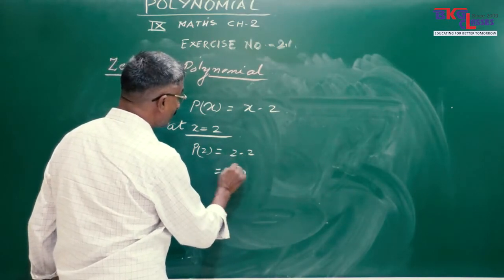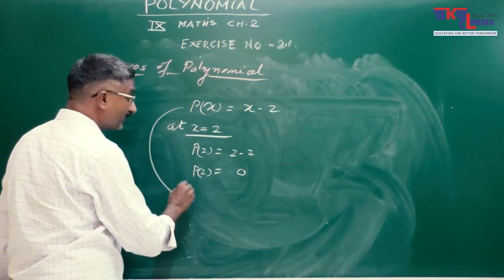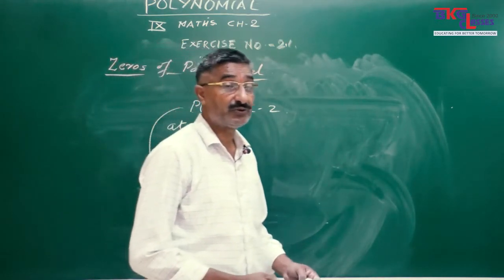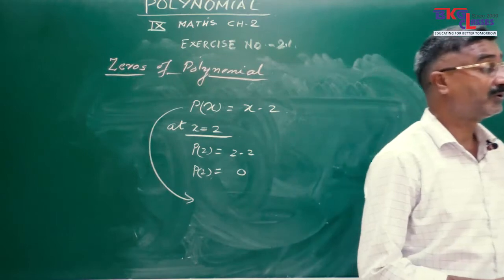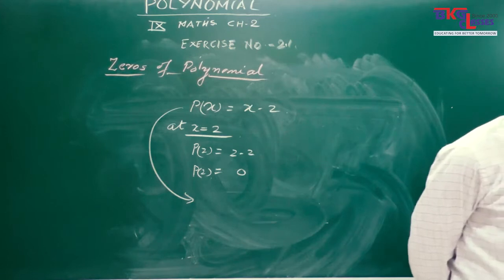So this is equal to 0. So for this polynomial, 2 is the zero of the P(x). Clear? So the zero of the equation is 2.